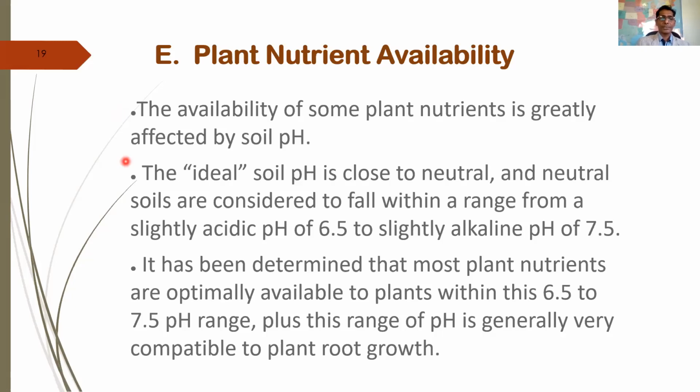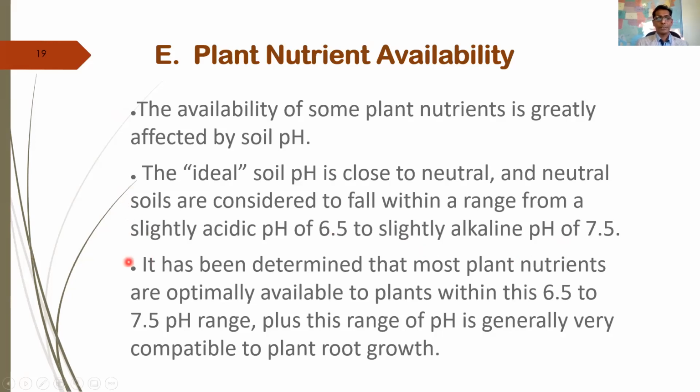So the ideal soil pH is close to neutral, and neutral soils are considered to fall within a range from slightly acidic at 6.5 to slightly alkaline at a pH of 7.5.